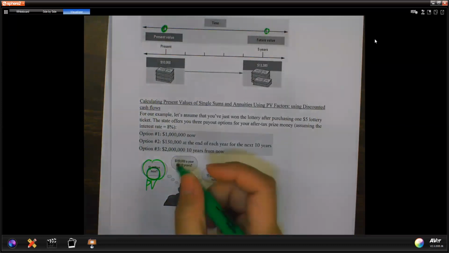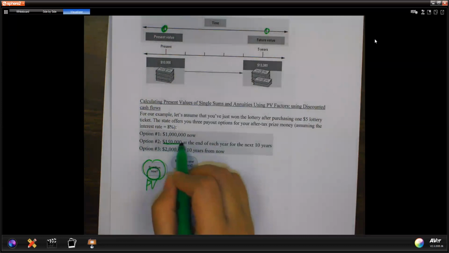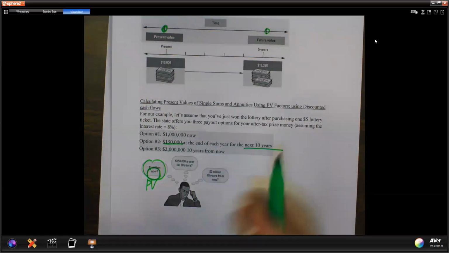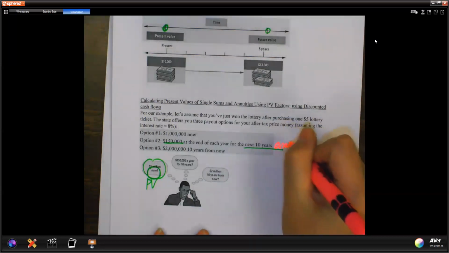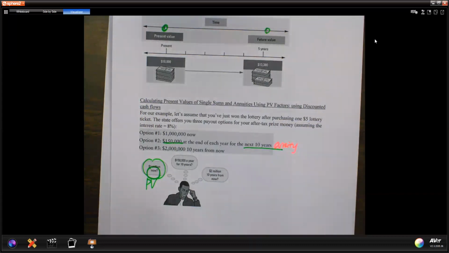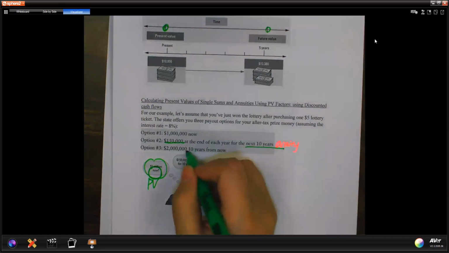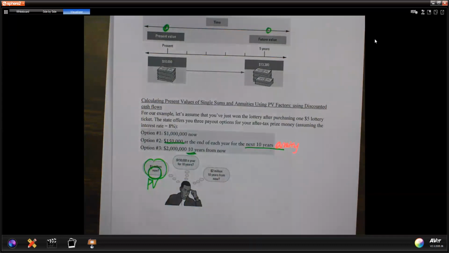Or you get 150,000 each year for the next 10 years. When I say every year, I'm hinting that it is an annuity, right? Or you get 2 million, but you have to wait 10 years. You don't get it until 10 years from now. You have these three choices.